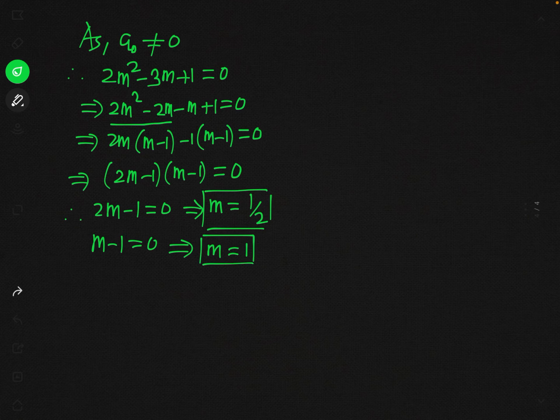So this is the another root of this quadratic equation. So you can take these two values: m1 equal to 1 by 2 and m2 equal to 1. So these are actually the roots of this initial equation, or you can say the quadratic equation.